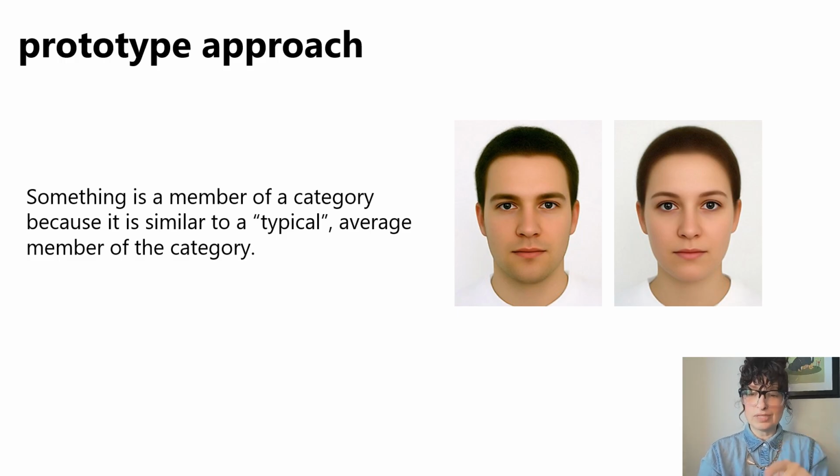The reason that I'm using this image here is because these are actually images that were created by researchers and that are literally the average of a group of German men on the left and German women on the right. So these are not real people. They don't exist in real life. They are the average of a number of people. So the prototype is never an actual member of the category, but an average or an idealized category member. And then the question is, is the test exemplar similar to that prototype?